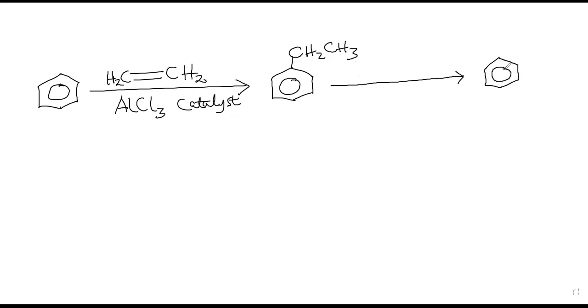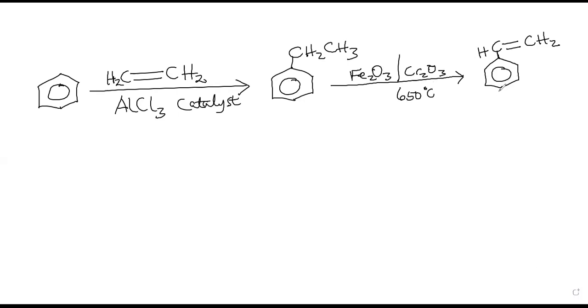Those of you who might be using textbooks might have seen that to convert this to phenylethene, you use a mixture of iron(III) oxide and chromium(III) oxide at a temperature of 650 degrees Celsius. So this will lead to the formation of phenylethene.